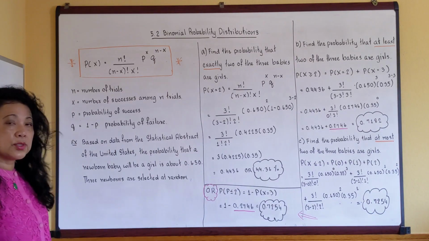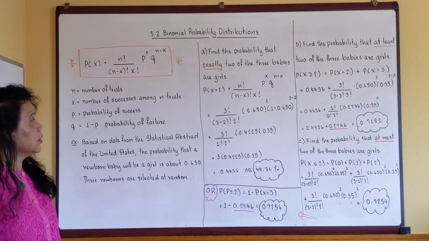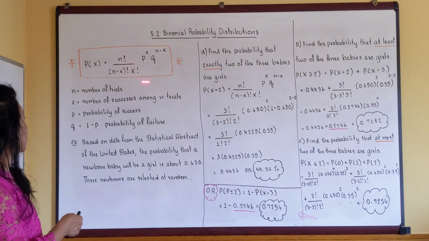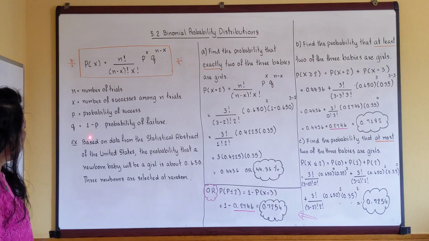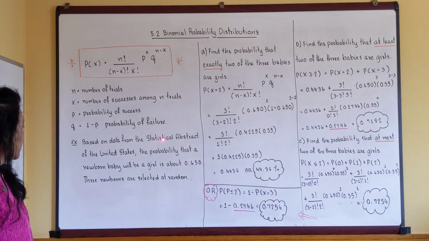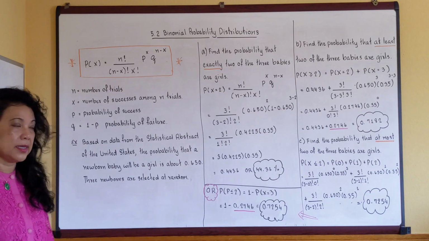So to understand this formula, I'm just going to go straight to the example, otherwise none of this makes any sense. All right, so let's look at an example based on data from the Statistical Abstract of the United States. The probability that a newborn baby will be a girl is about 65%.